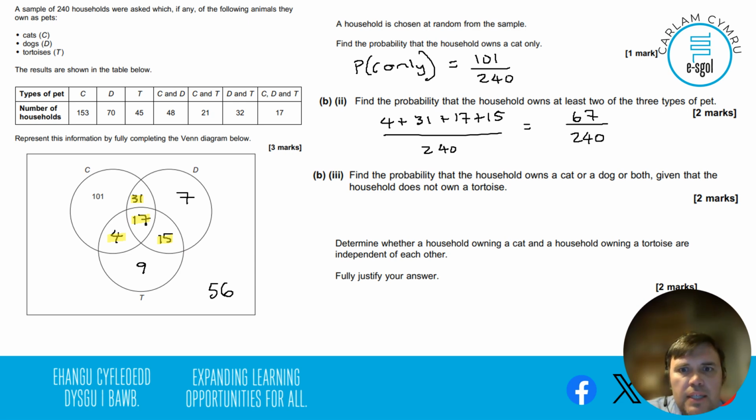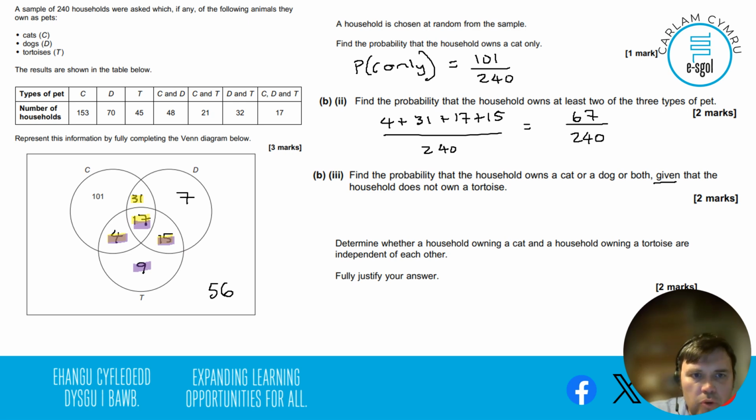Find the probability that a household owns a cat or a dog or both, given that the household does not own a tortoise. So if it doesn't own a tortoise, then it is not one of these, because they are in the tortoise section.